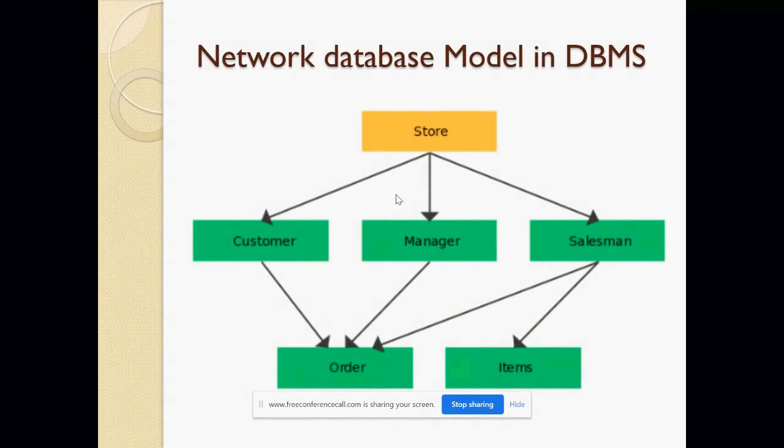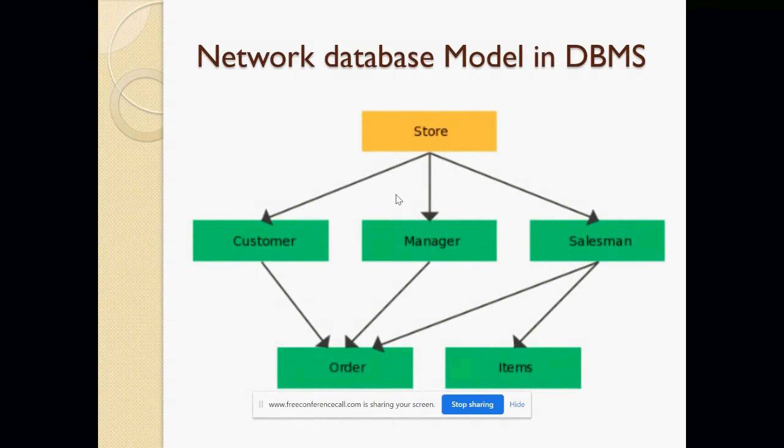For example, there is a store, and in a store the customer comes to purchase, the manager is there to manage the store, and the salesman is there to sell. All are from the same store, and all of them have a relationship with each other. How? Through the order. The customer gives the order to purchase, the manager then releases the order, and the salesman sells the order.